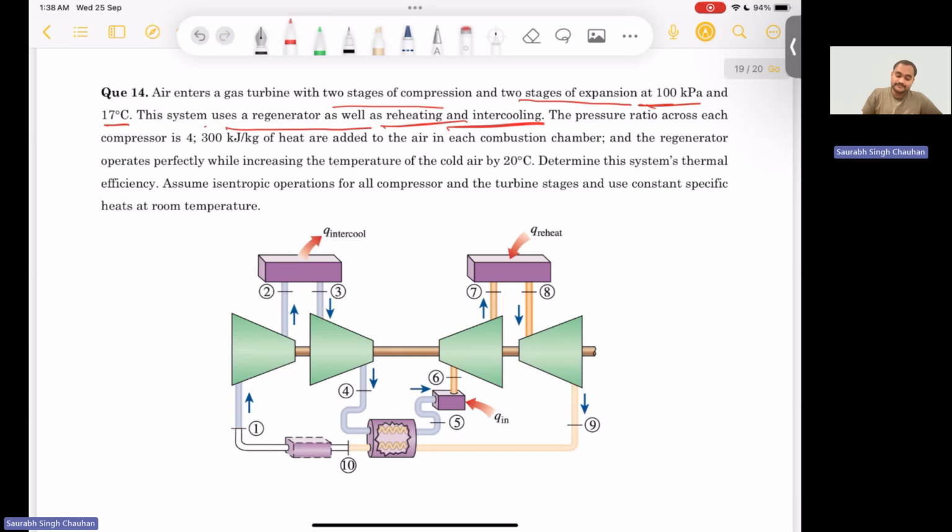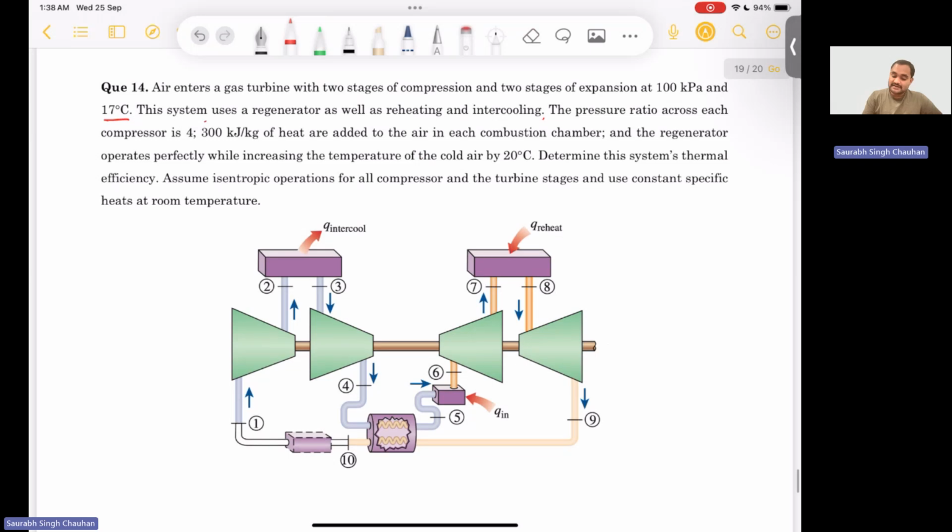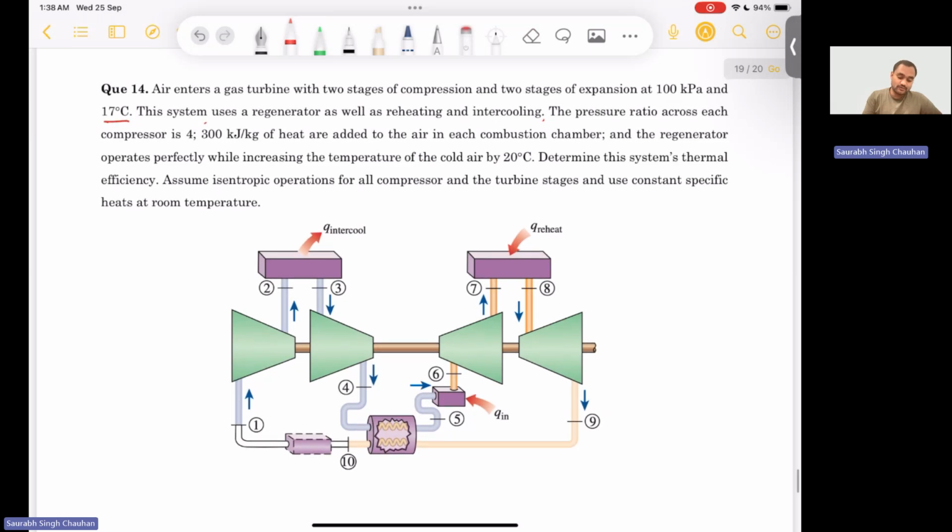The regenerator is nothing but the heat exchanger. So it has a heat exchanger as well as reheating and intercooling. The pressure ratio across each compressor is 4, and 300 kilojoule per kg of heat is added to the air in each combustion chamber.